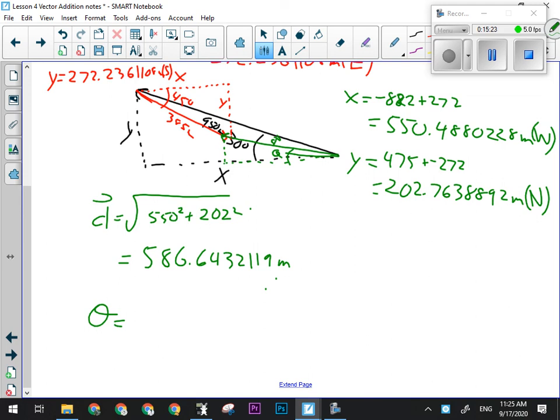Okay? So theta is going to be tan to the -1, or whatever trig function you want to use. For me, it's going to be y over x because of the way I've drawn the triangle. So that'll be 202 over the 550.488022. That'll give me my angle.